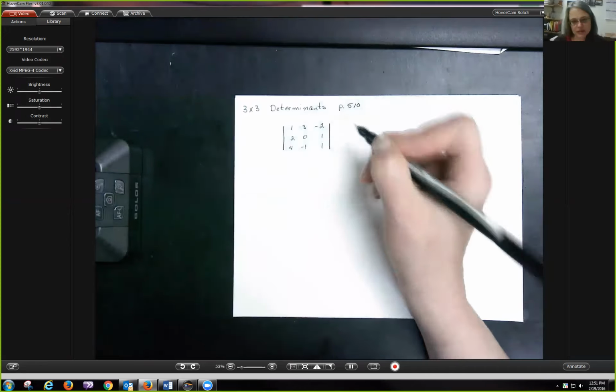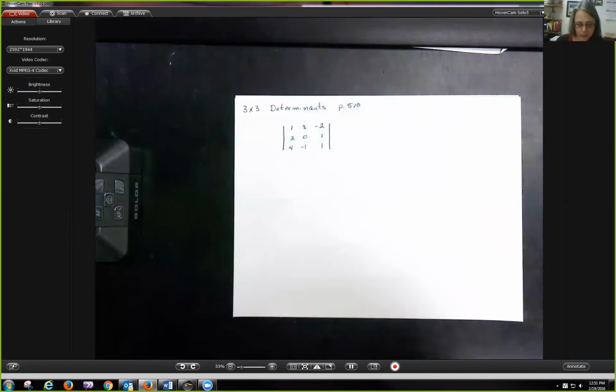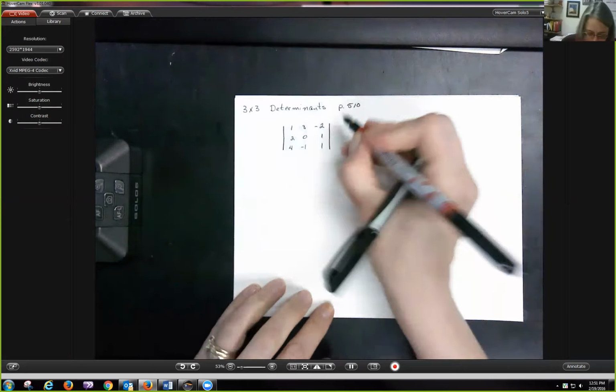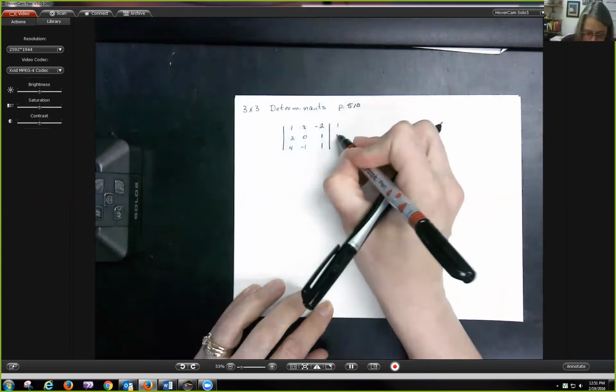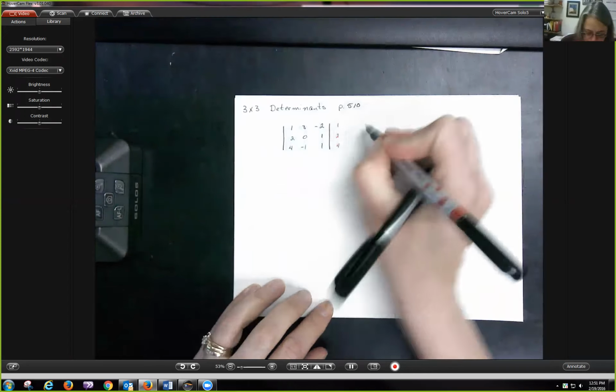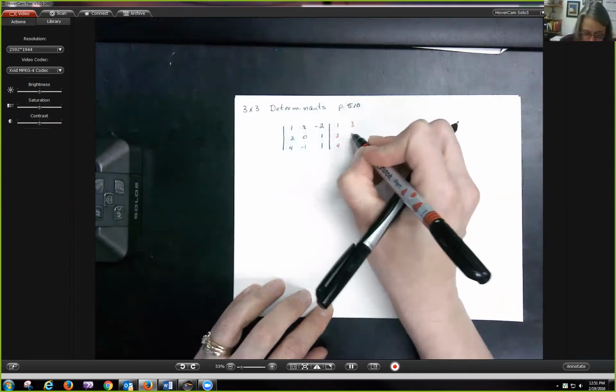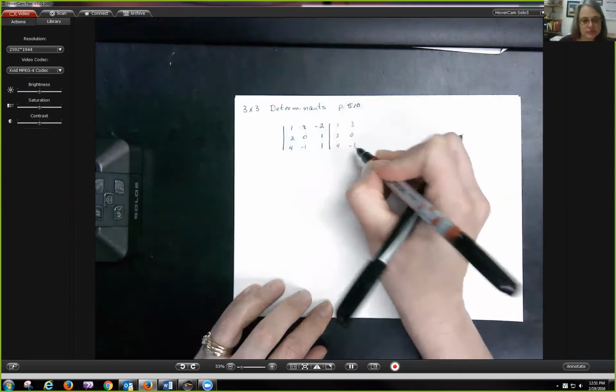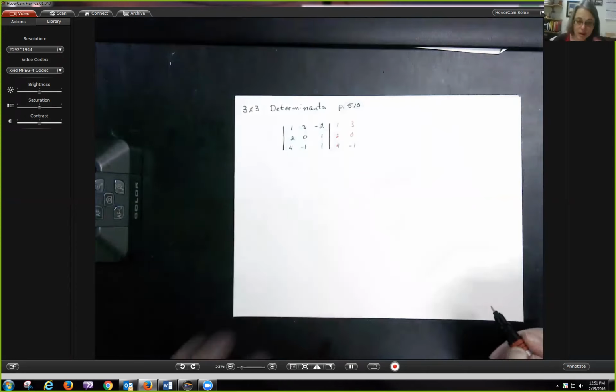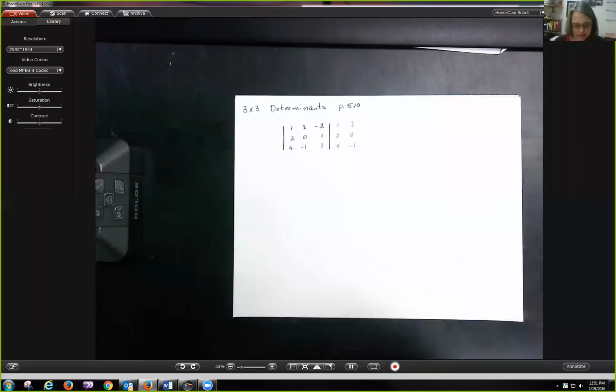Okay, here's what we're going to do. We're going to take the first 2 columns and we copy them over. 1, 2, 4, and 3, 0, -1. Now we're still going to take our diagonal products.